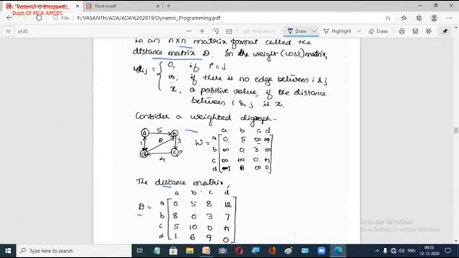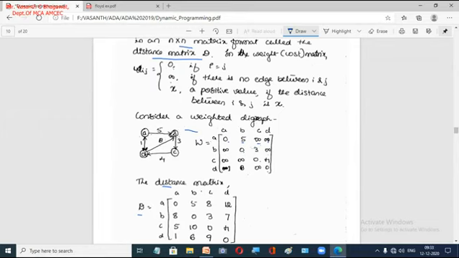If you take A to C, what is the shortest path? Similarly A to D. Next, from B to A, B to B, B to C, and B to D. Like this, for every pair, all pairs, that is why it is called all pair shortest path, from each vertex to all the remaining vertices. If you take vertex A, from A to all the other remaining vertices, what is the shortest path?